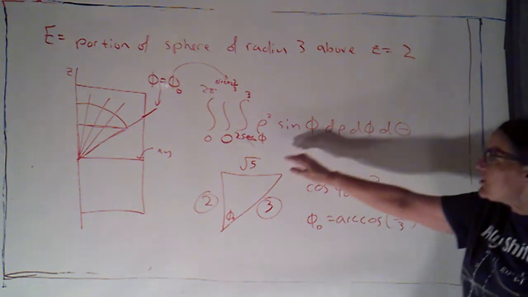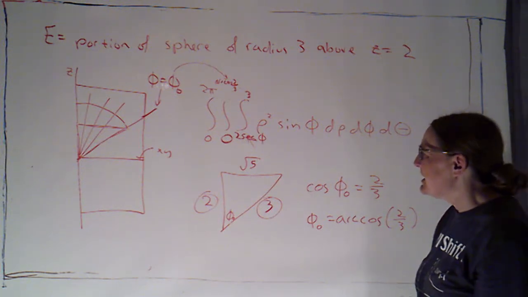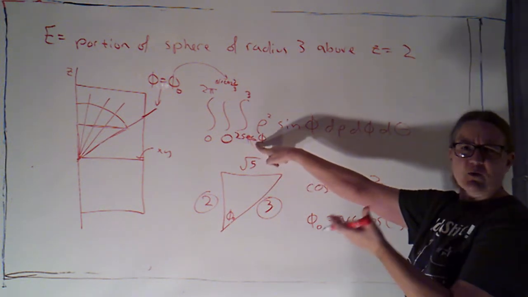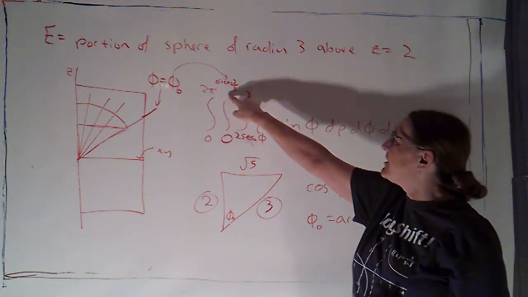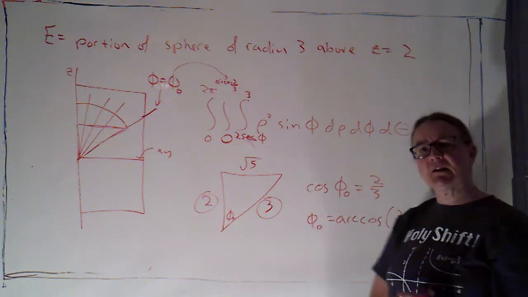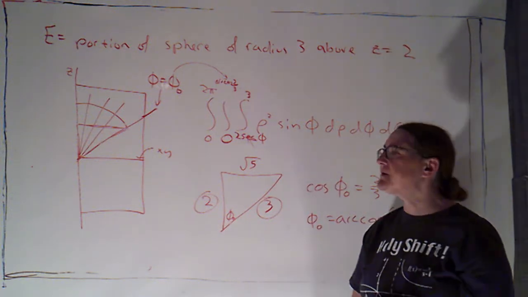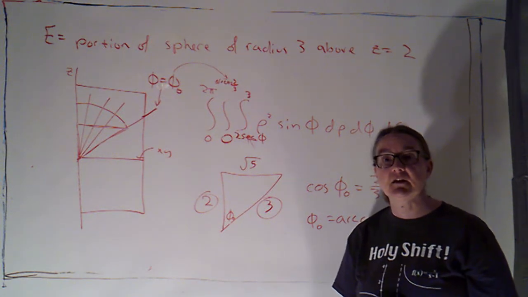Okay, so even though we had a sphere in here, spherical coordinates weren't super nice. 2 secant phi isn't the world's worst formula for a limit of integration. Arc cosine of 2/3 isn't impossible to work with, but I would say for this particular problem, of the 3 types of systems that we had, it was probably simplest to do this one in cylindrical coordinates.